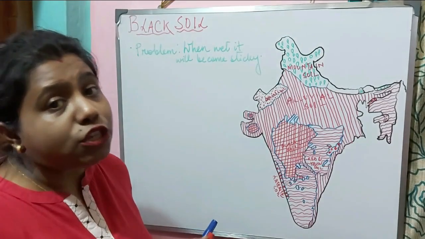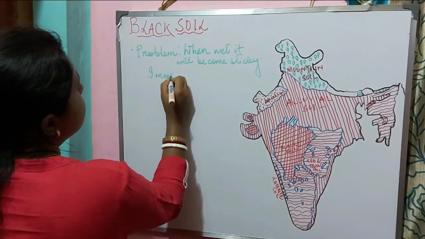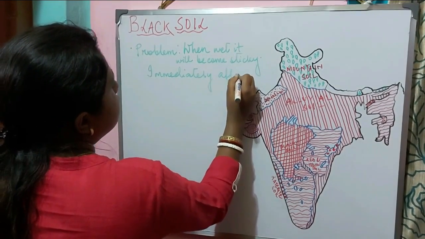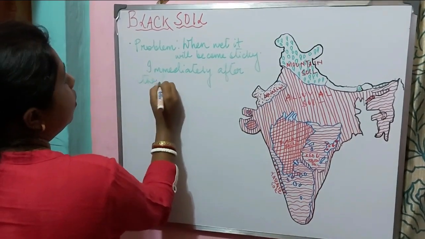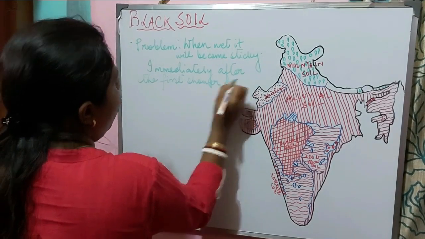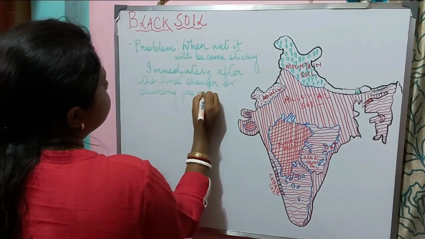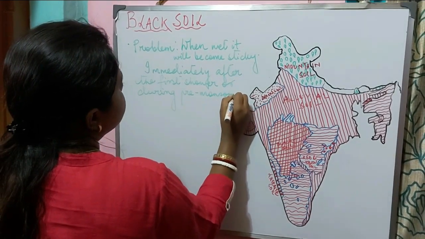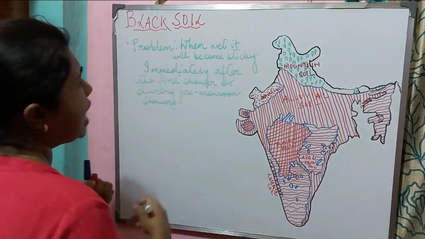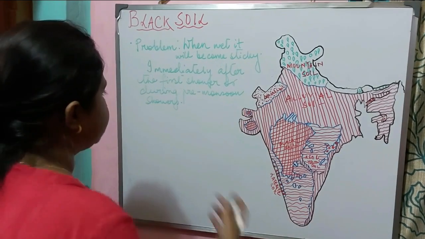We need to utilize the black soil immediately after the first shower or during the pre-monsoon showers. Otherwise, it will become very sticky and it will not be useful. The farmers cannot use it.